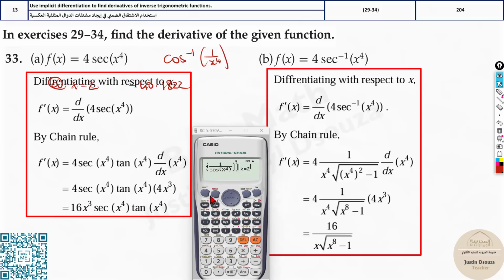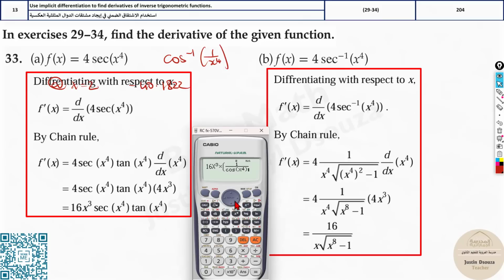So what I'll be doing over here is clearing that off. Type this 16. Now it's all in the numerator, so I'll just write 16 x cubed. Then what do we have? Secant, that is multiplied with 1 by cosine of x to the power 4.